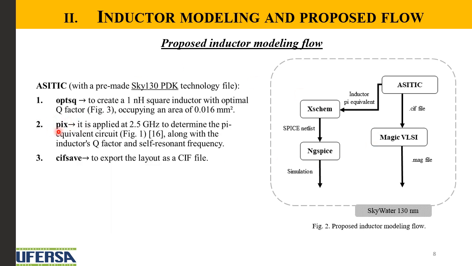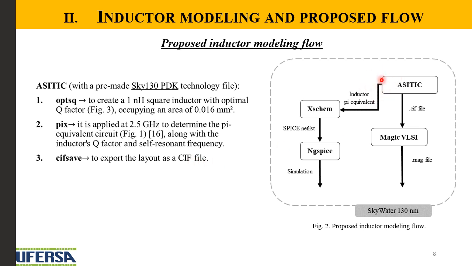Next, we run the pix function at 2.5 GHz to determine the pi equivalent of the circuit, along with the inductor's quality factor and the self-resonant frequency. And finally, we used the cifsave to export the layout of the inductor as a CIF file.